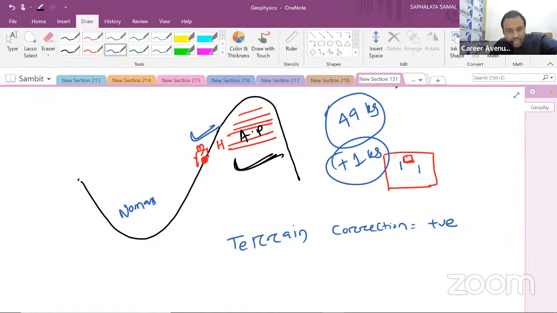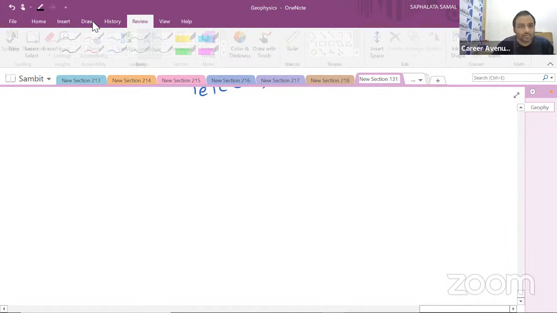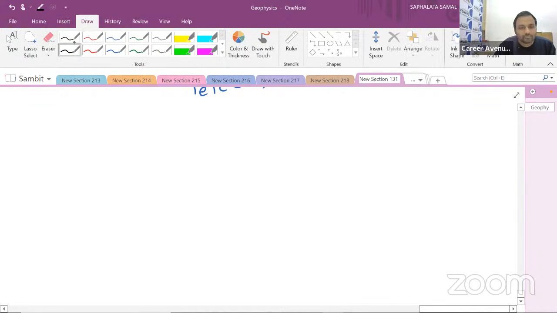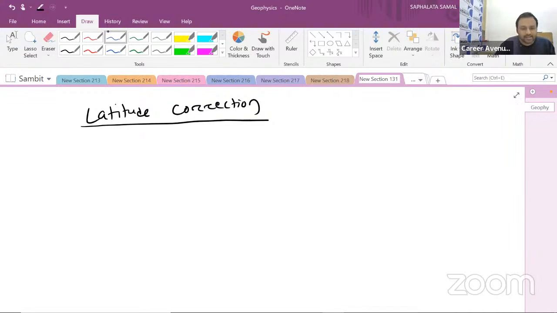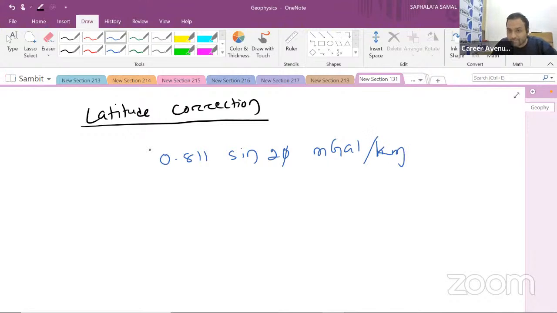Similarly, we have the latitude correction. Latitude correction, and the formula is 1.30. Sorry, not 1.30. This is in miles. I will give it in kilometers. Very important. 0.811 sin 2φ milligal per kilometer. Because we know with latitude my g value also changes, isn't it?